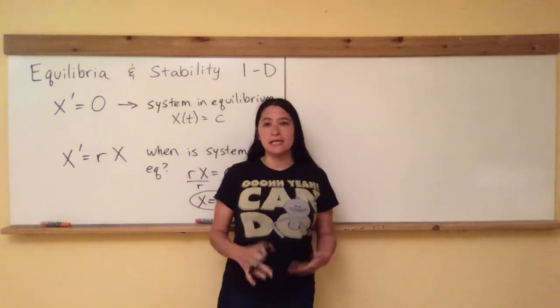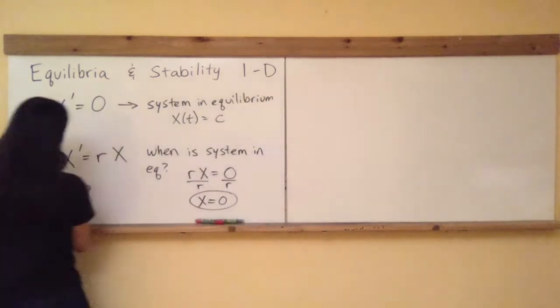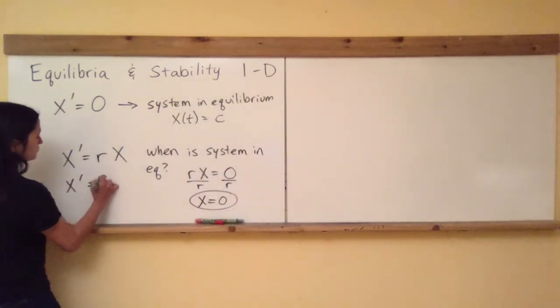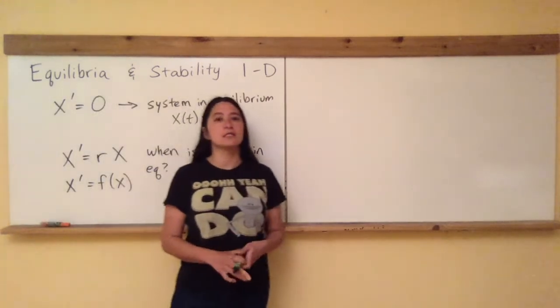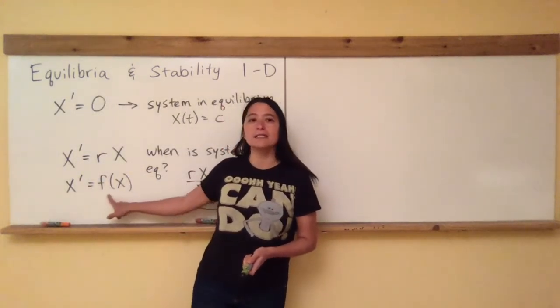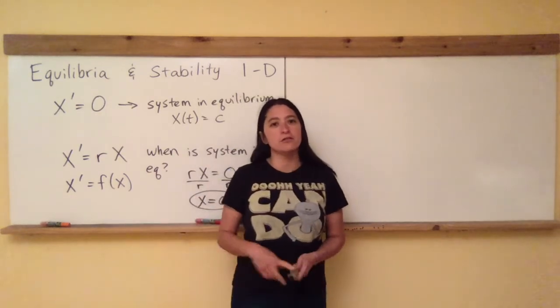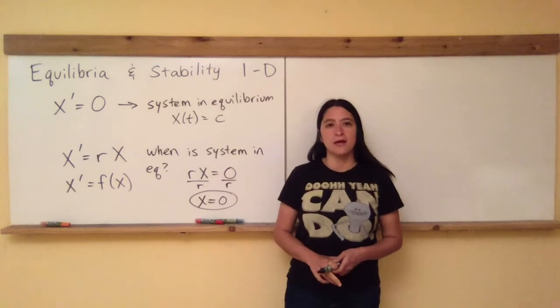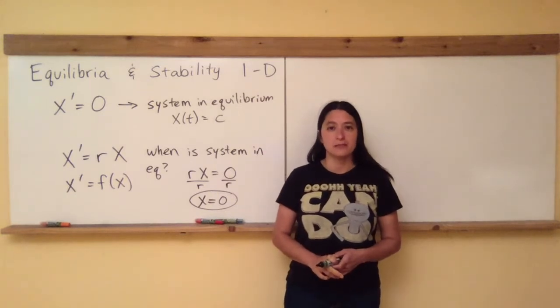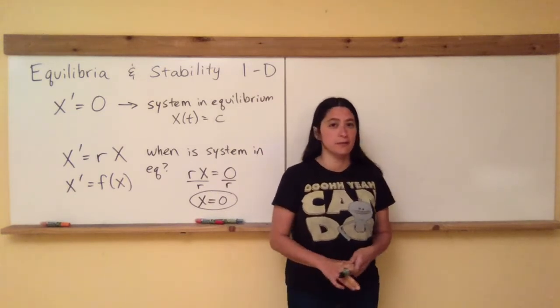That's going to be the same kind of method that I'm going to use in general. If x prime is equal to a general function, f of x, I'm always going to try to solve for where f of x is equal to 0. For what values of x is the rate of change going to be 0, and that's going to get me the equilibrium points. Now let's talk about stability.